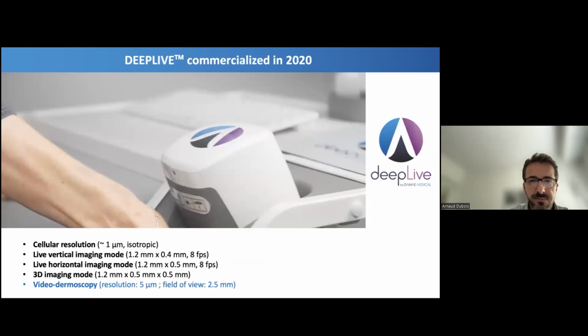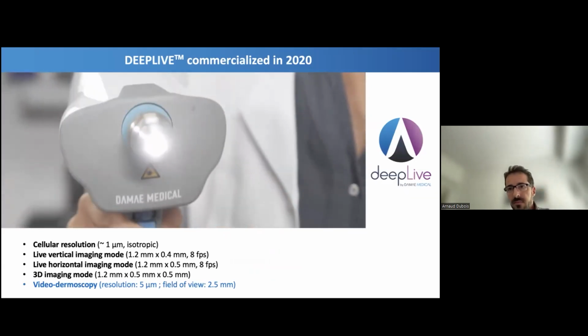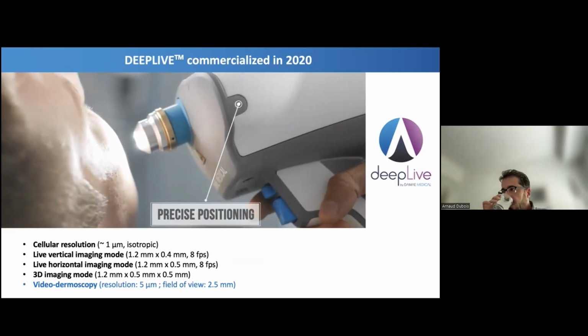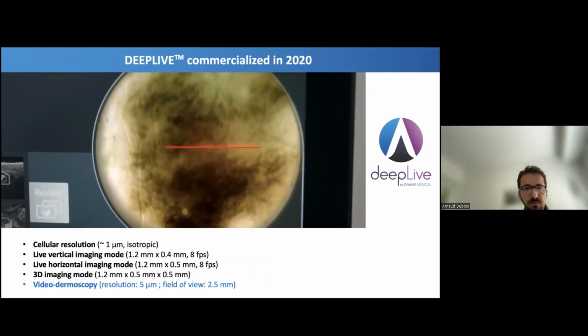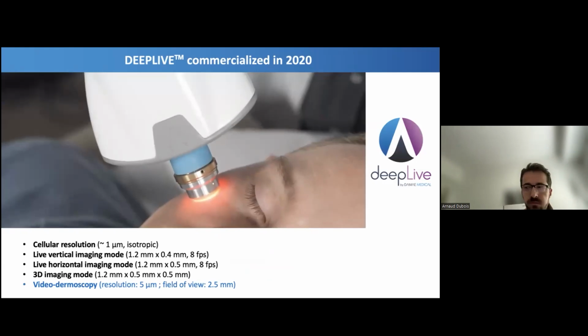On this video, you will see the use of DeepLive by a dermatologist. The portable probe has been designed to scan any skin site on the body. The integrated top-view camera allows instant positioning and precise navigation over the different areas of the lesion.